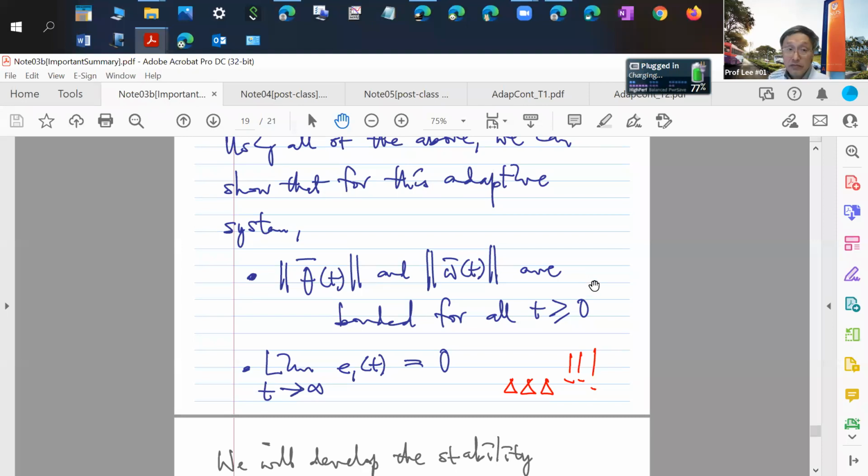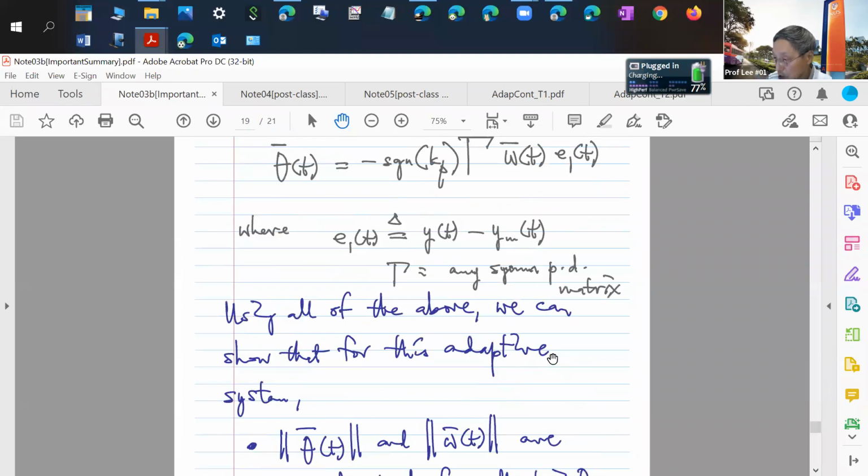A bounded signal can be large, as long as it doesn't zip away to infinity so that you can't even see the signal anymore, which can happen in nonlinear systems. So we can show that this is preserved, and we can also show that the tracking error goes to 0.